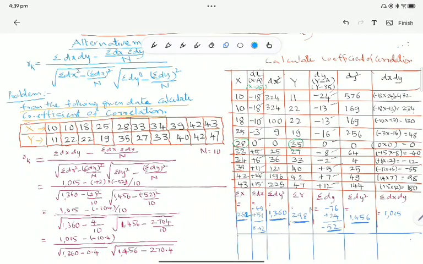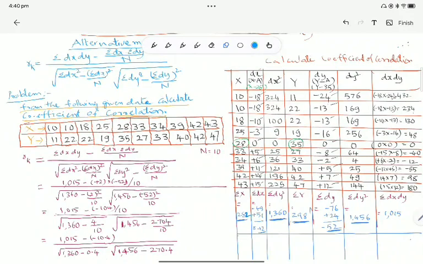And 22 minus 35 is minus 13. Use the calculator carefully. Minus 13 into minus 13, its square value dy square, is 169.